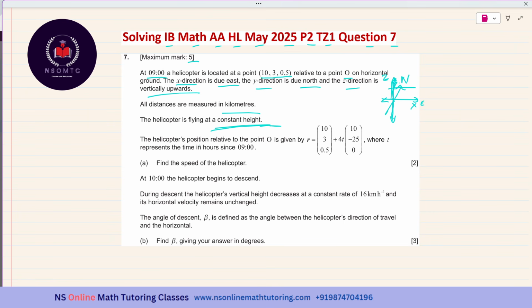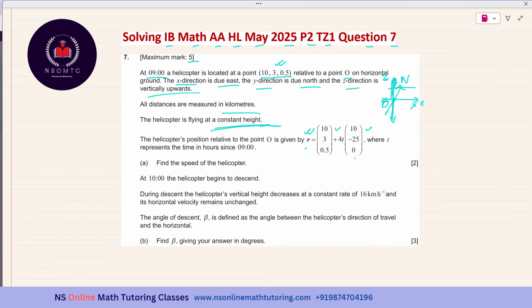The helicopter's position relative to the point O, maybe this is the origin, is given by r equal to (10, 3, 0.5), the position vector of the helicopter, because this was the initial position of the helicopter at 9 a.m., plus 4t times (10, -25, 0).